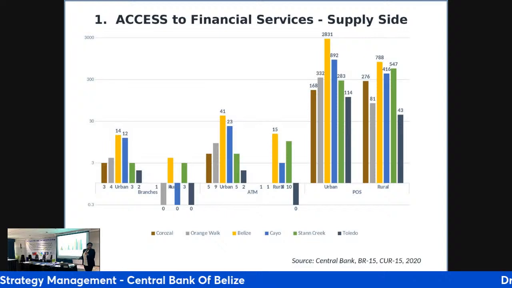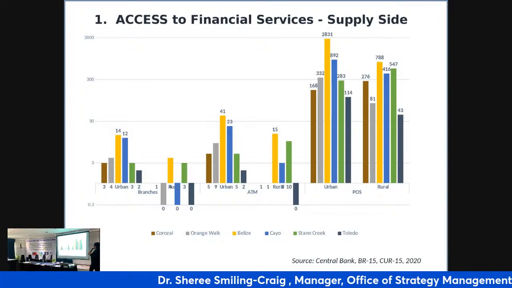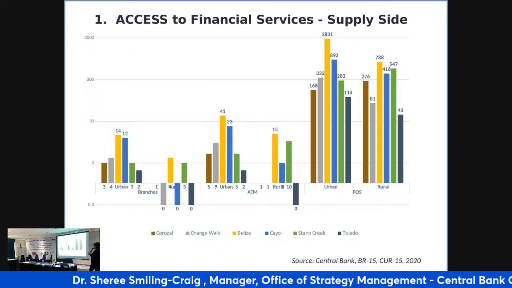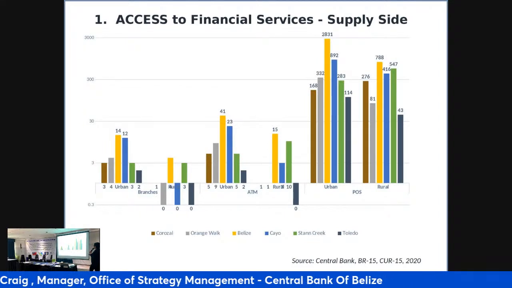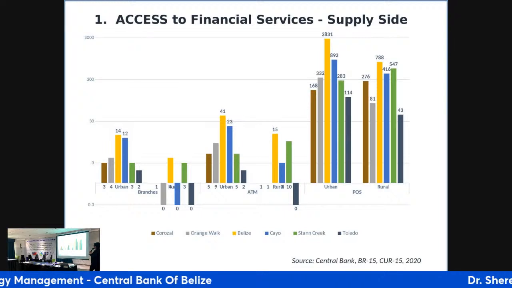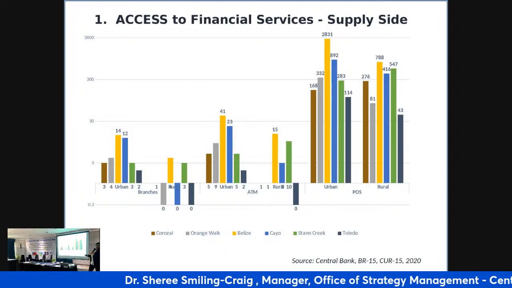We have quite a lot of ATMs happening. Again, the rural communities are challenged. You don't see any for Corozal and for Orange Walk, and for Toledo, there are none in the rural communities. Oh, sorry, I should say Orange Walk and Corozal have 1 each, and Toledo has none.